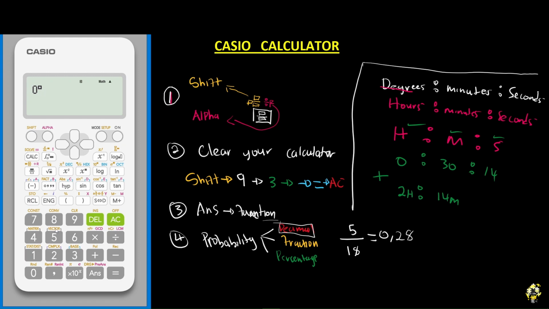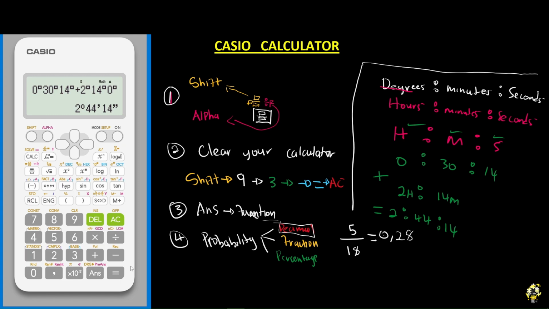I'm telling the calculator I don't have hours, but I do have minutes and seconds. I would like to add to that 2 hours, 14 minutes, and 0 seconds, since I do not have seconds. Now when I say equal to, it's going to tell me that the total time is 2 hours, 44 minutes, 14 seconds. So that's how your calculator works.